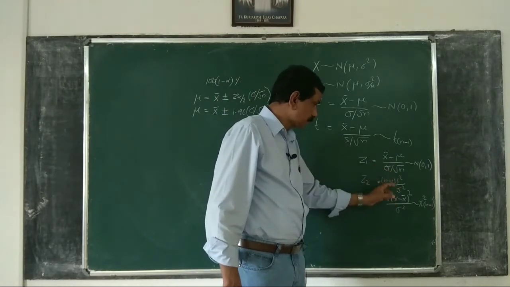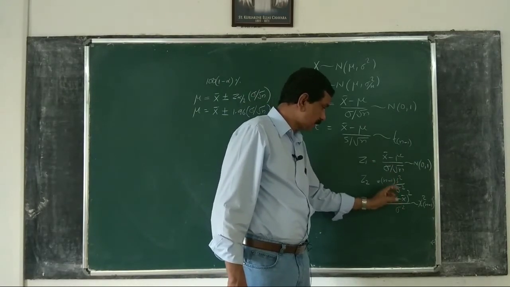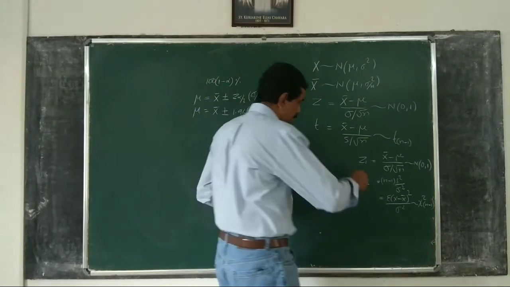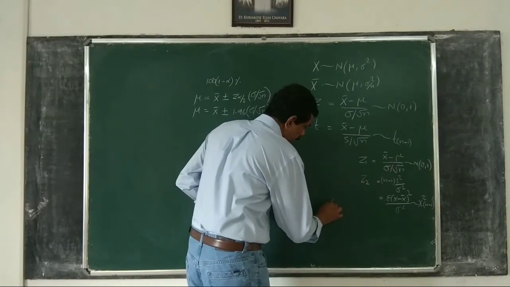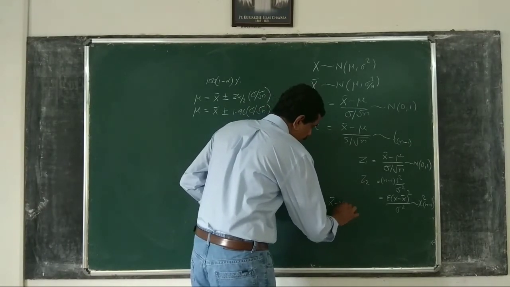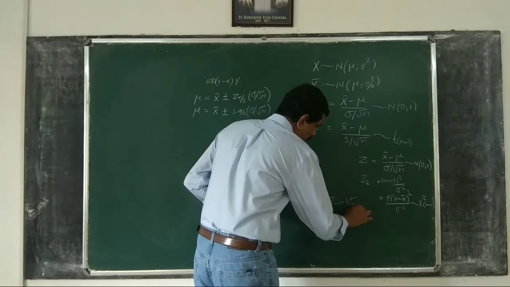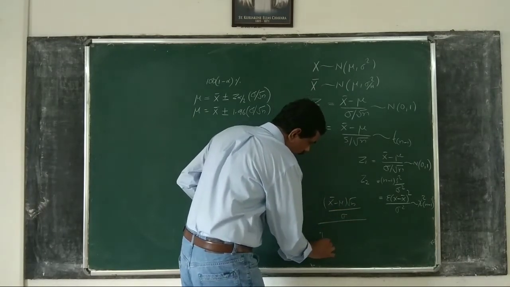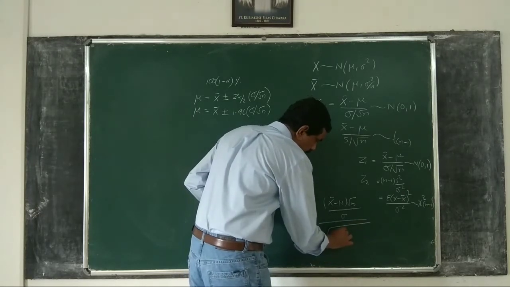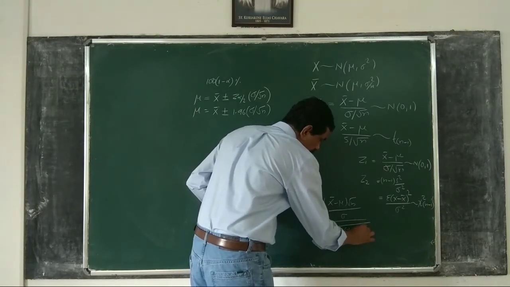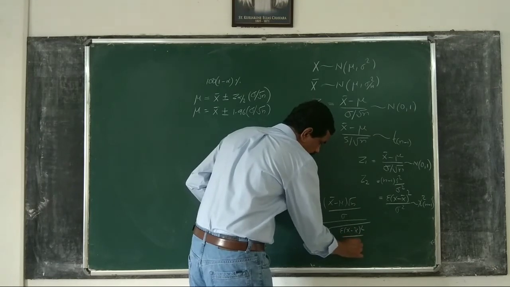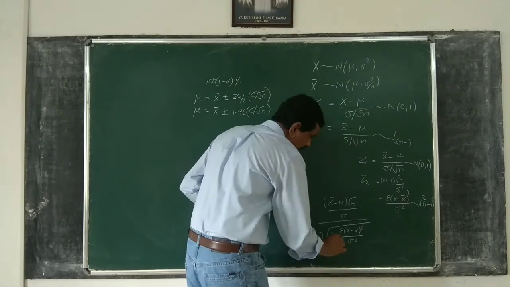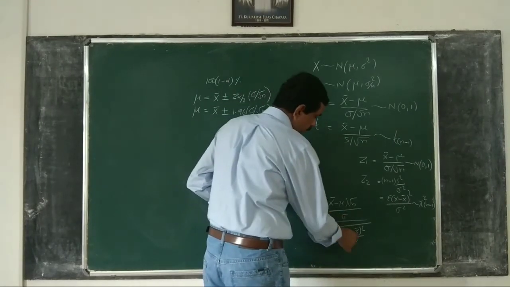Substituting this and also this in the definition of T, you will get the T distribution. So Z1, x bar minus mu into root n by sigma, divided by root of sigma x minus x bar square by sigma square divided by n minus 1, into 1 by n minus 1.